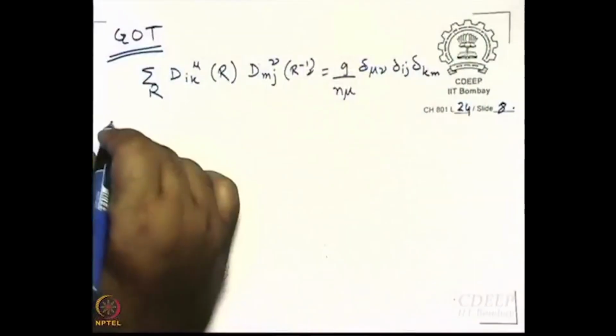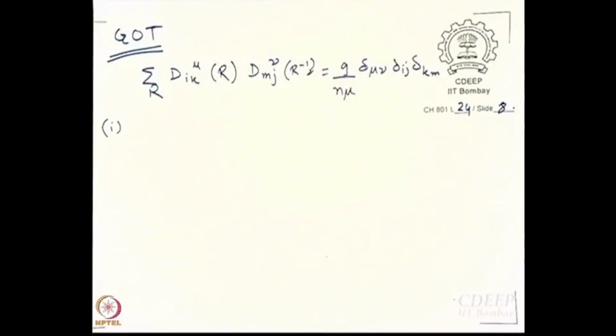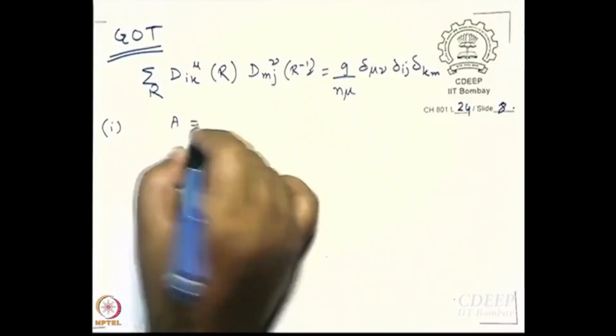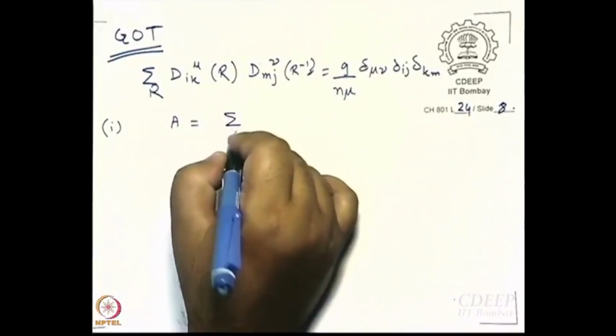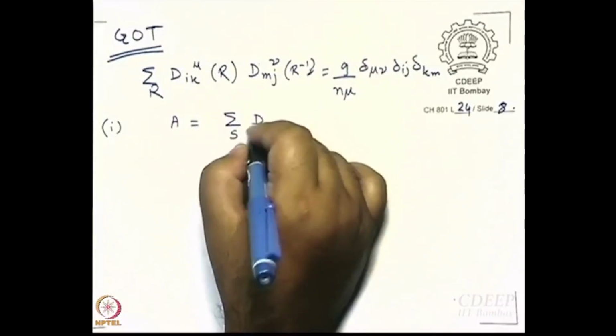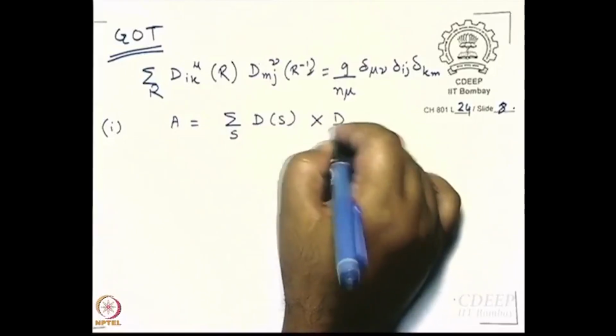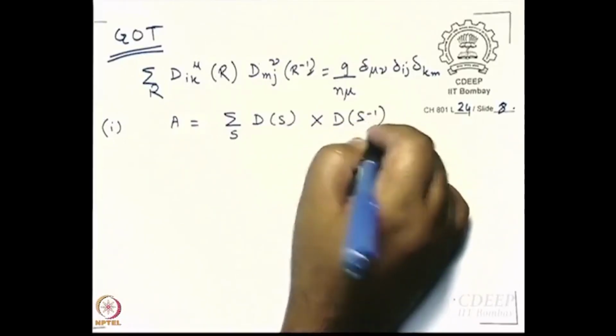Now, this has to be done in two parts actually. In the first part, I am going to develop this matrix A equal to sum over S of d_S times d_S inverse.